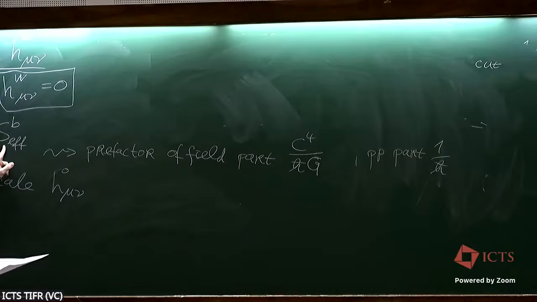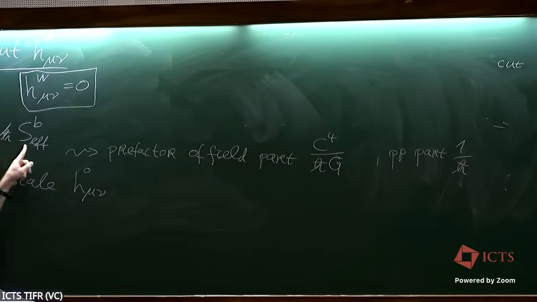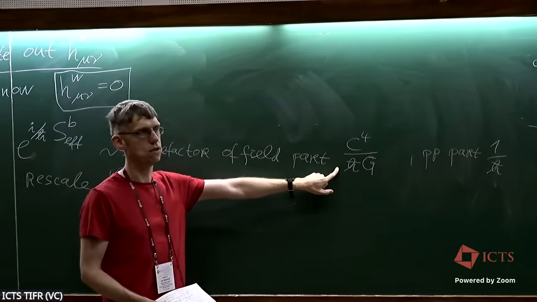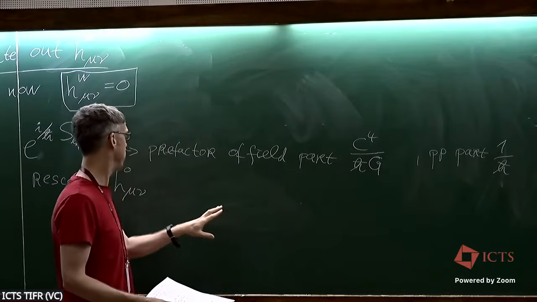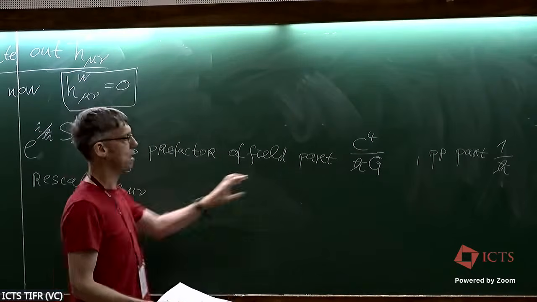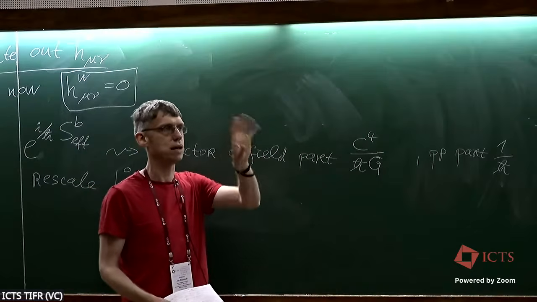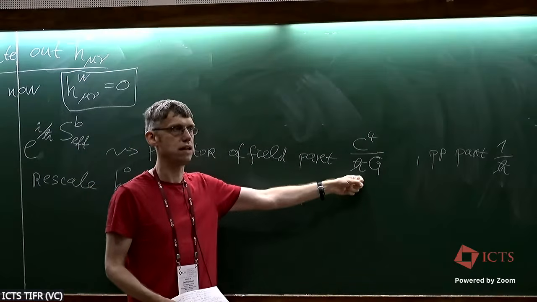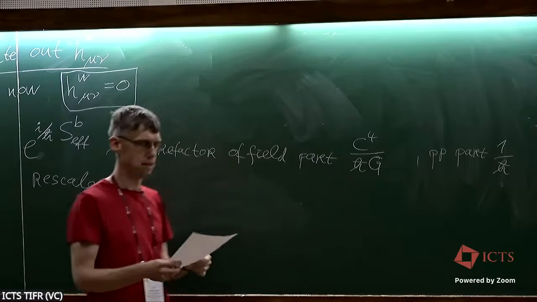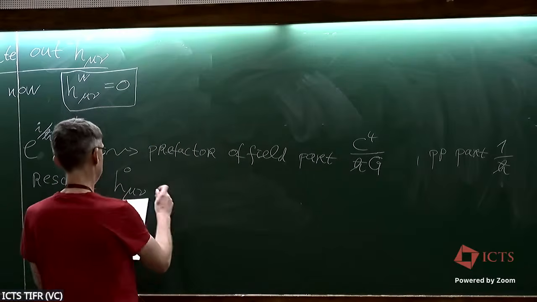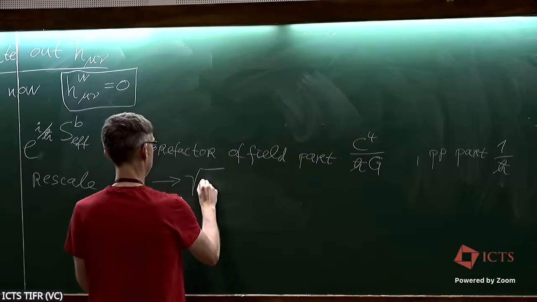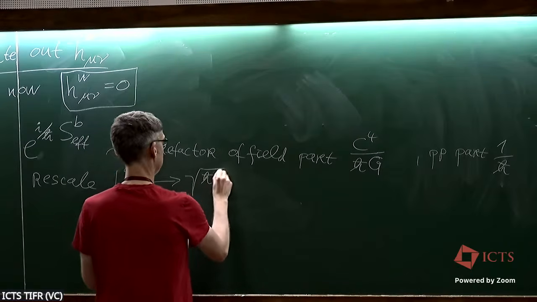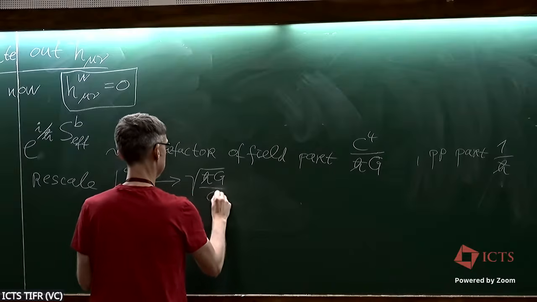Now, the propagator part in the action is the one that's quadratic, right? And we have this prefactor in front of the whole action. So we want to rescale the fields by the square root of that. And then the quadratic piece of the action will not have any of those constants in front. So we rescale this by the square root of h bar G c to the 4.